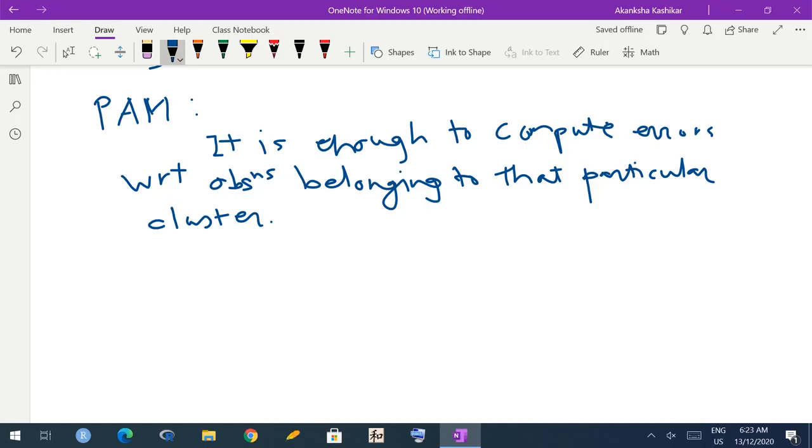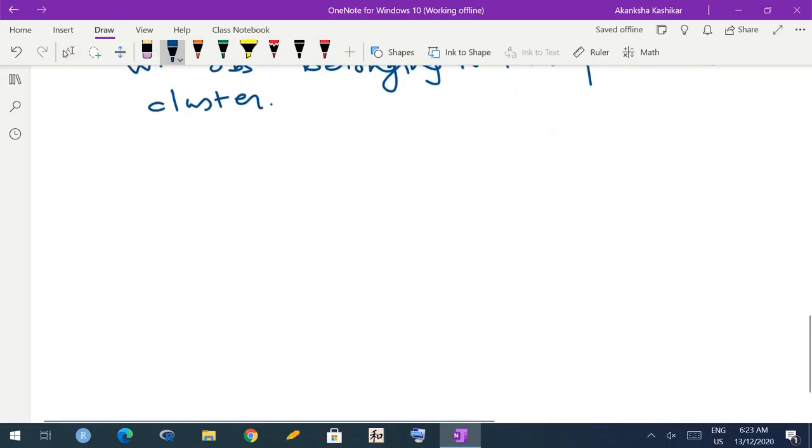So let me take again the example of fruits which we used in the cluster analysis class. Let me have 6 fruits, for example apple, banana, chiku, jackfruit, mango and grapes.